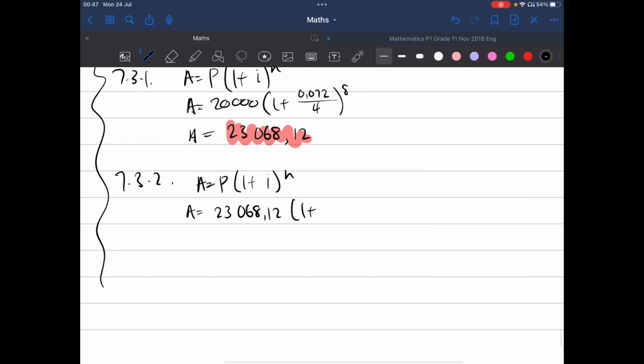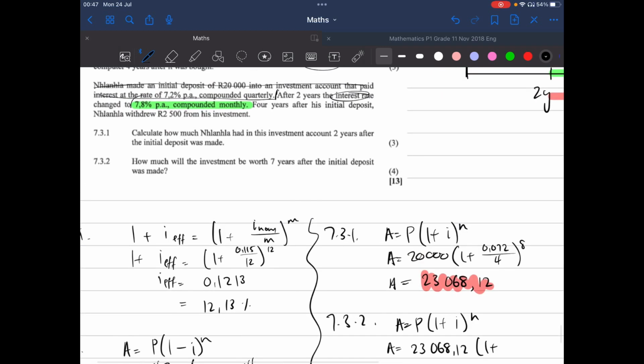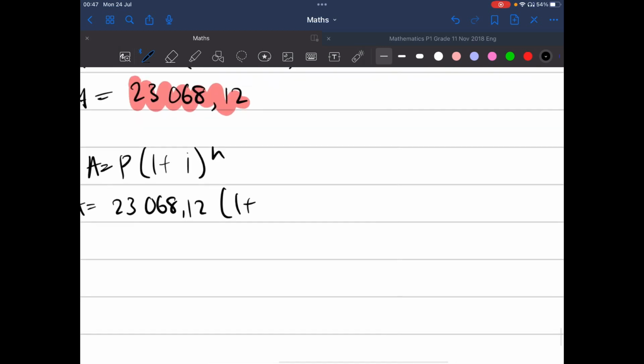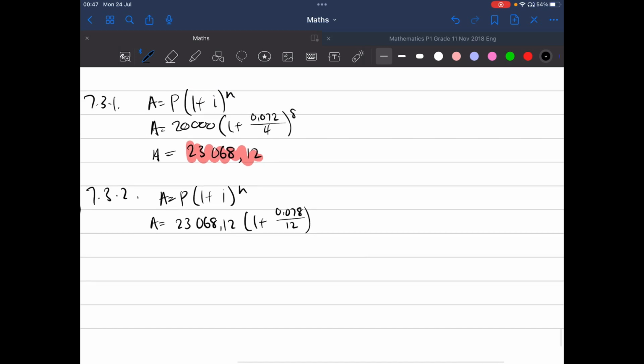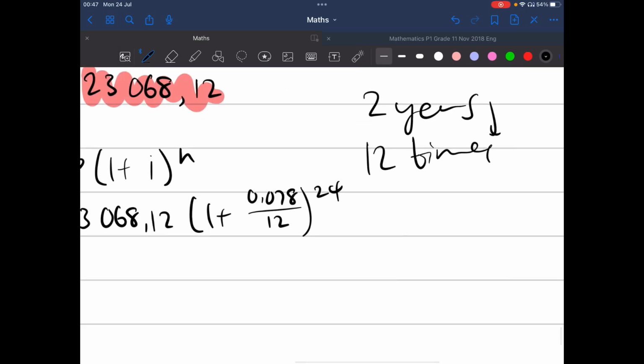Now let's look again: the interest rate was 7.8% compounded monthly. So now it's 0.078 over 12 because it's monthly, right? And the time is 2 years, and the interest is calculated 12 times a year because it's monthly. So 2 times 12 gives us 24.